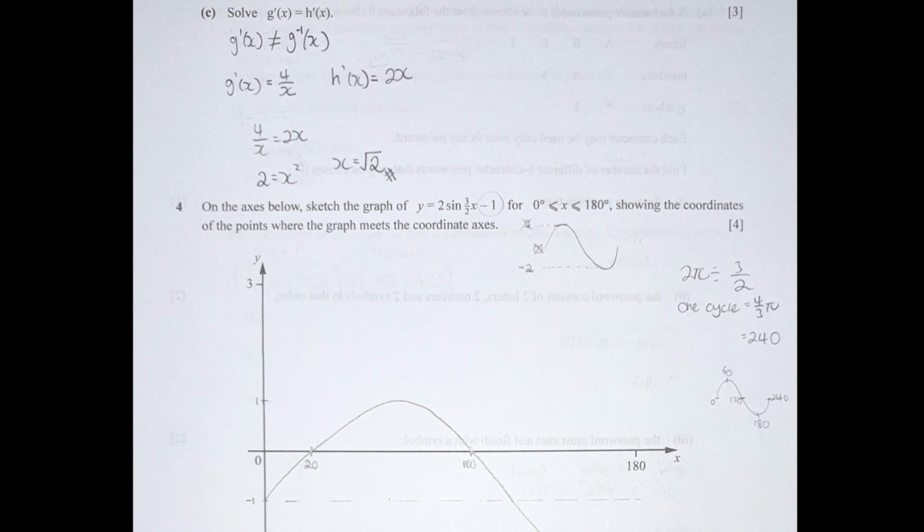You're required to run your differentiation calculation to get the result of this. So your g prime result should be 4 over x, and your h prime should be 2x. Equating these two to each other, x squared equals to 2 and your x will be square root 2.